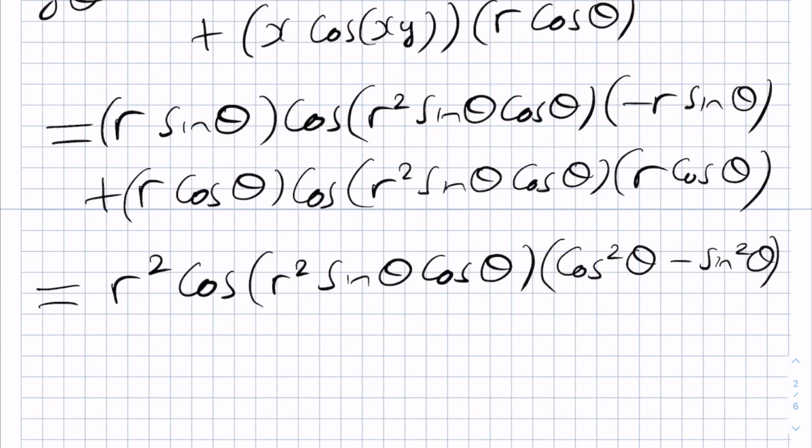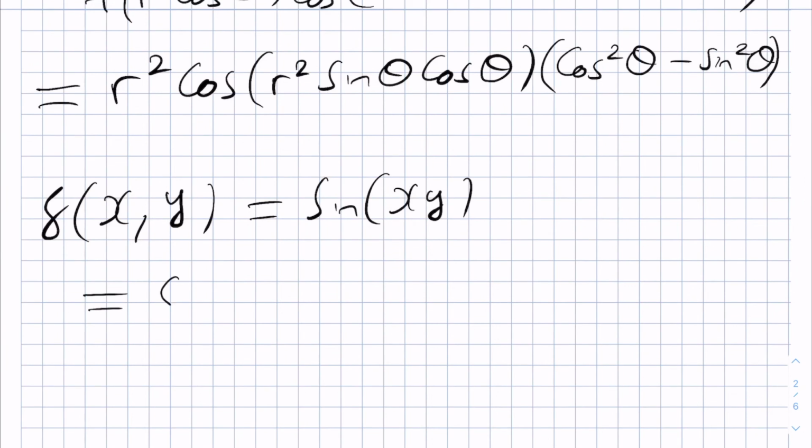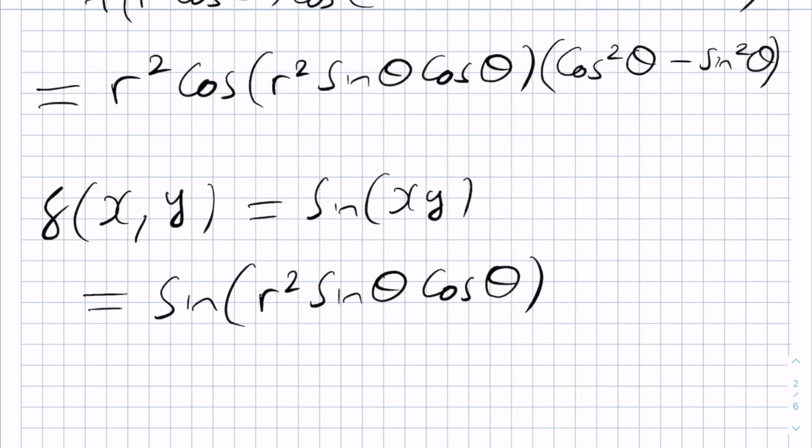Now we want to verify that we get the same results this way as we would by writing f as a function of r and θ explicitly and then differentiating those with respect to r and θ directly. So again, f(x,y) is sin of xy, and then putting in x = r cos θ and y = r sin θ, we get sin of r squared sin θ cos θ.